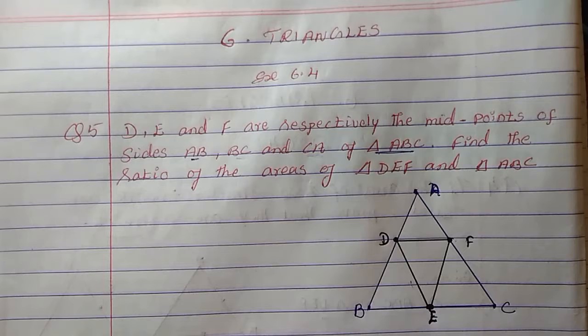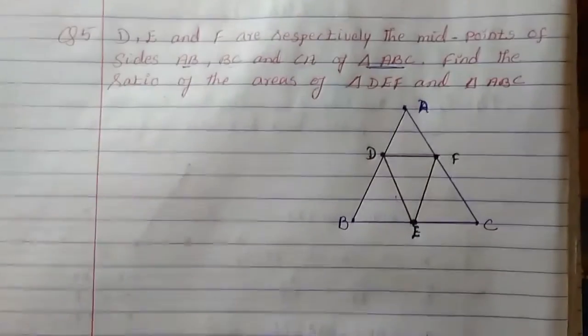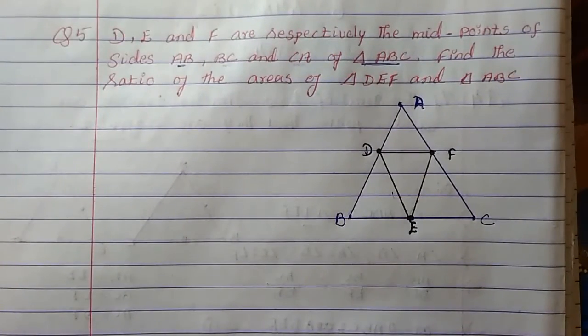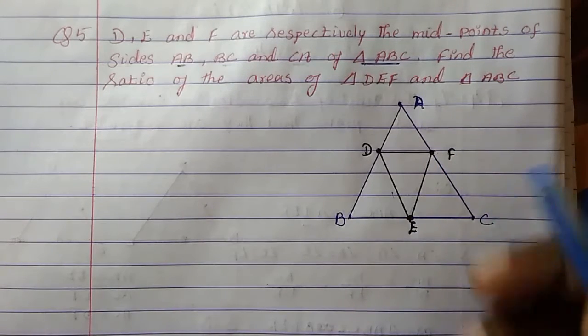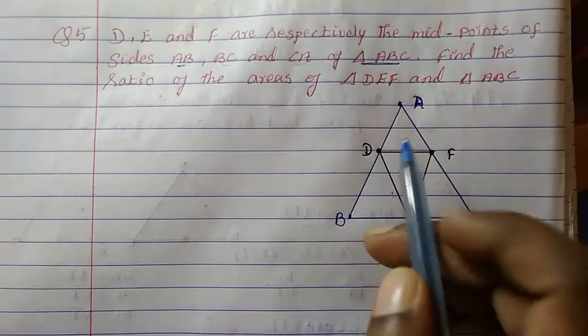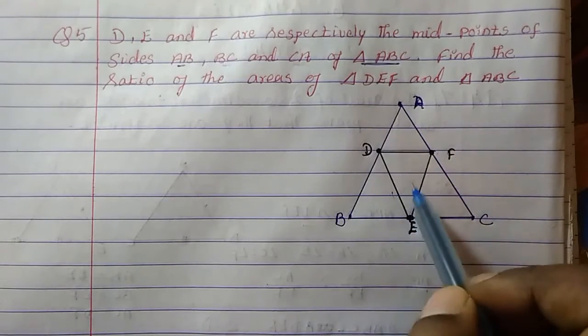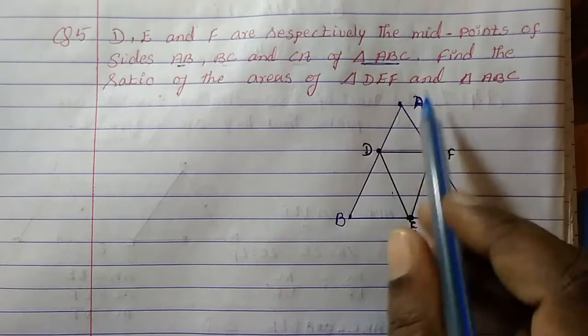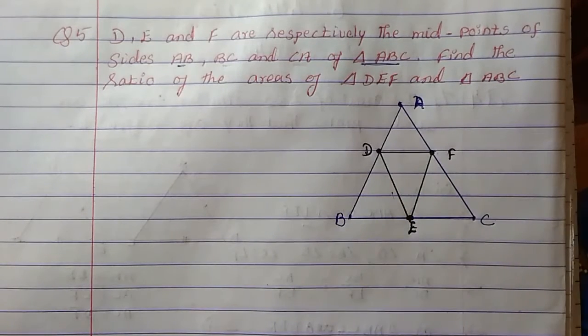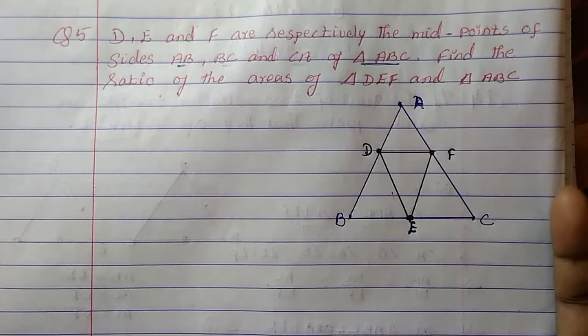And for similarity criteria, you have studied already. To prove that both are similar, either some two angles of this triangle and any two angles of the other triangle should be equal.